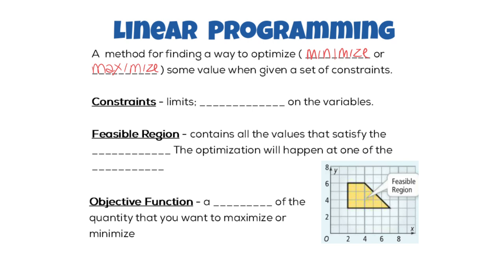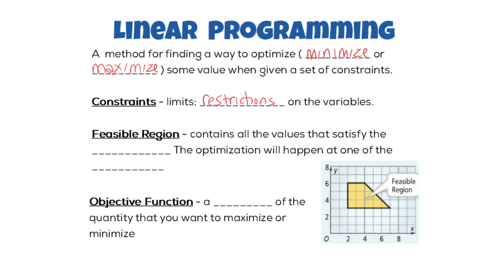But in the situation I have, I'm going to have what we call some constraints. And these are limits or restrictions on your variable. So I can't just do whatever I want. I'm going to have some restrictions. Now, when I graph all these restrictions, it's going to create what we call a feasible region. And the restrictions are going to be inequalities.